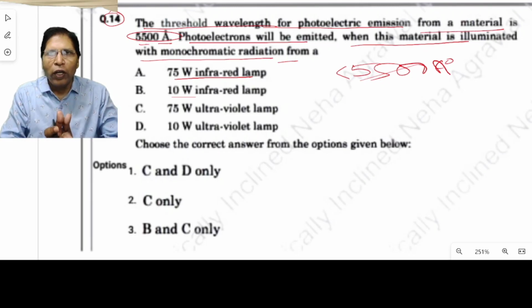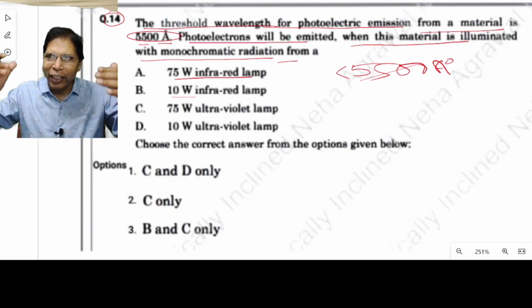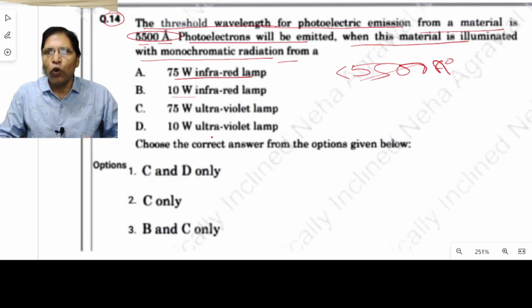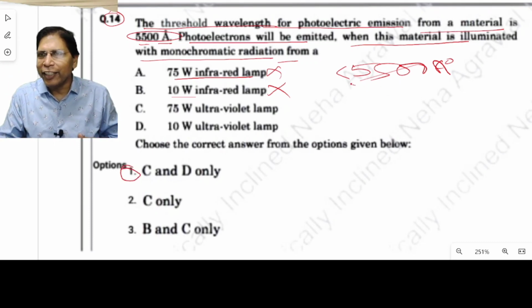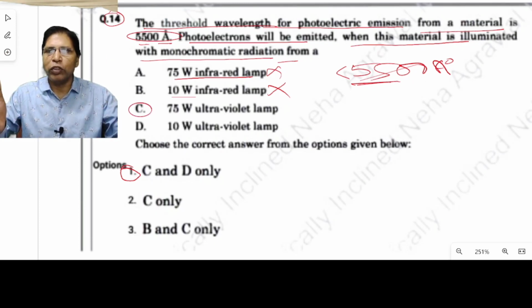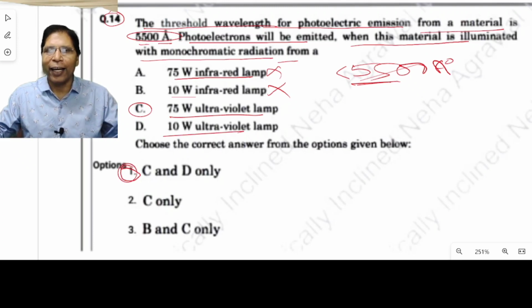Now you know the wavelength of infrared radiation is greater than 8000 angstrom. So A and B are not correct. The wavelength of ultraviolet light is less than 5500 angstrom. So emission takes place with the ultraviolet radiation. So look at this here, C and D are correct.